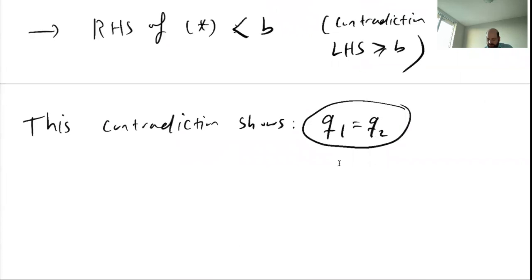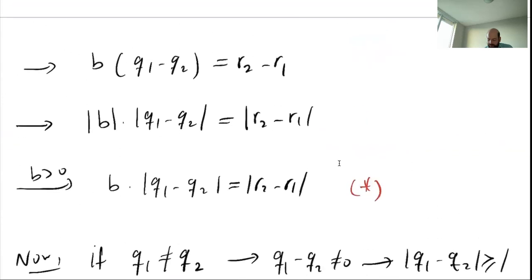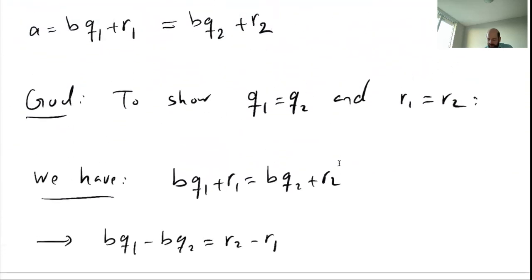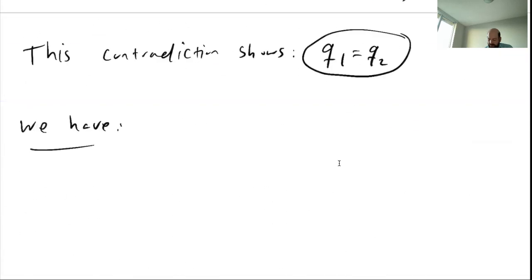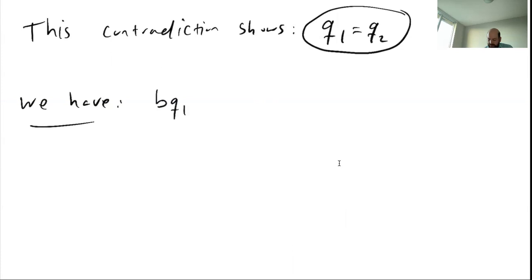Q1 is equal to Q2, what implies what? So what did we have? Remember, we have BQ1 plus R1 equals BQ2 plus R2, right? So let me write it again. BQ1 plus R1 equals BQ2 plus R2. But I just showed that Q1 is equal to Q2.